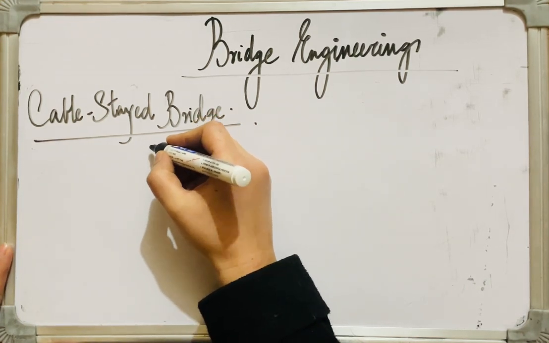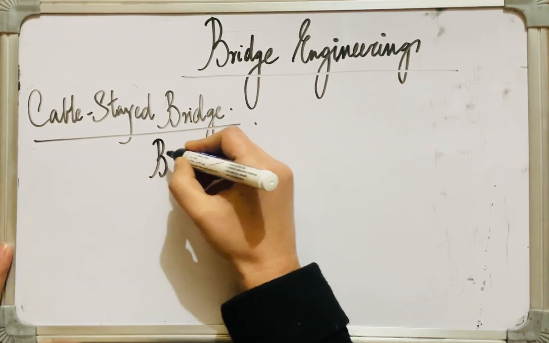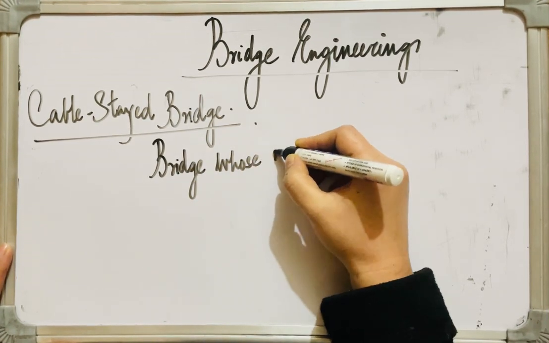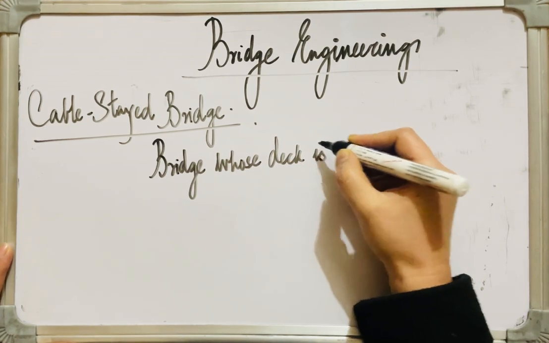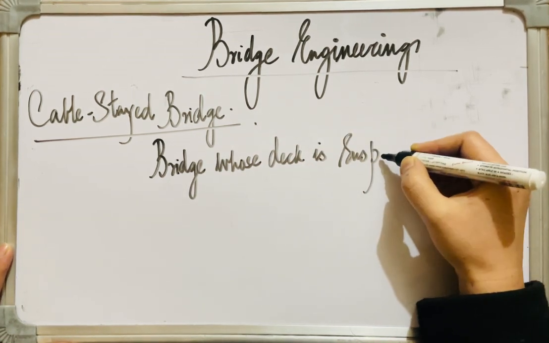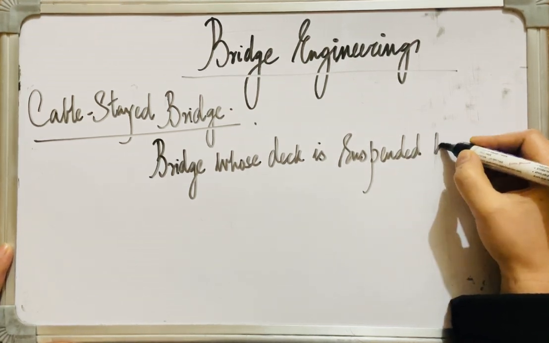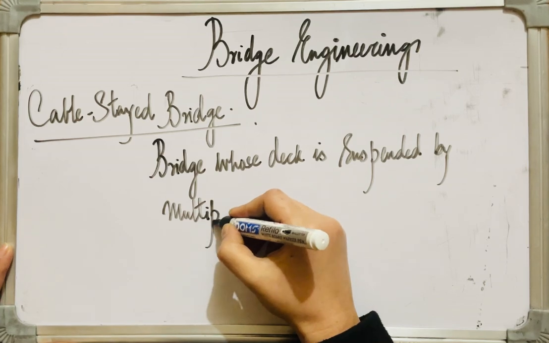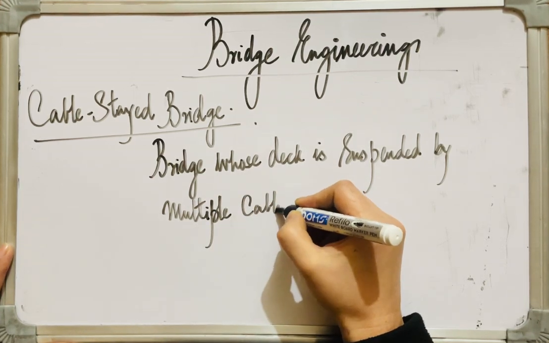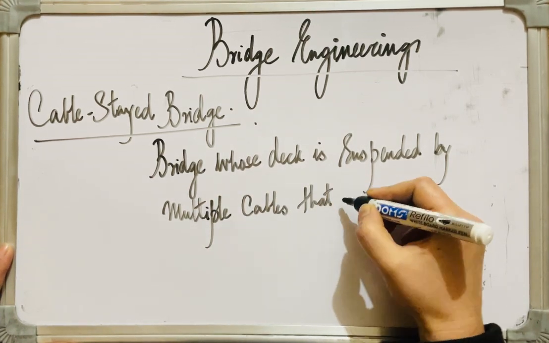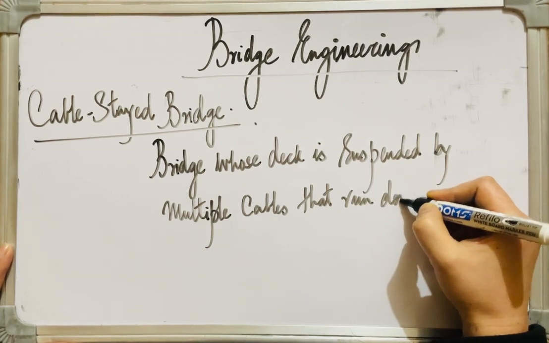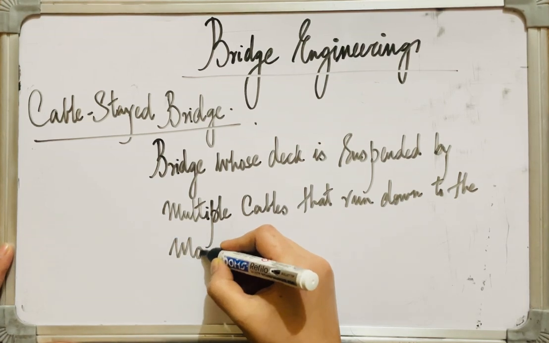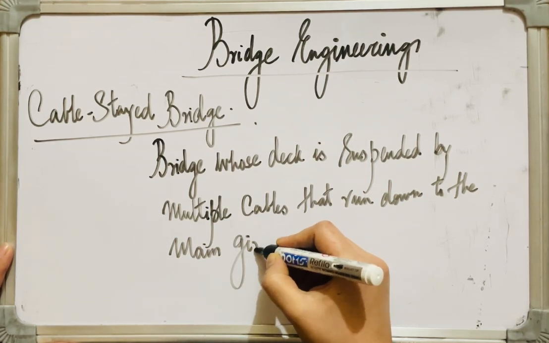All right, so a cable stayed bridge is a bridge whose deck is suspended by multiple cables that run down to the main girder of the bridge deck from one or more than one towers.